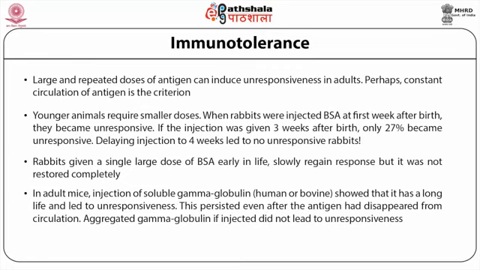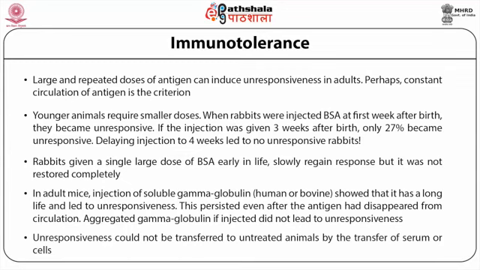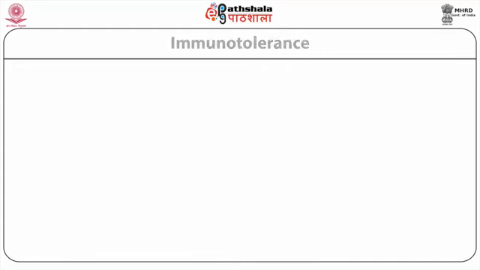Interestingly enough, aggregated gamma globulin, if injected, did not lead to unresponsiveness. It was also found that unresponsiveness could not be transferred to untreated animals by the transfer of serum or cells.